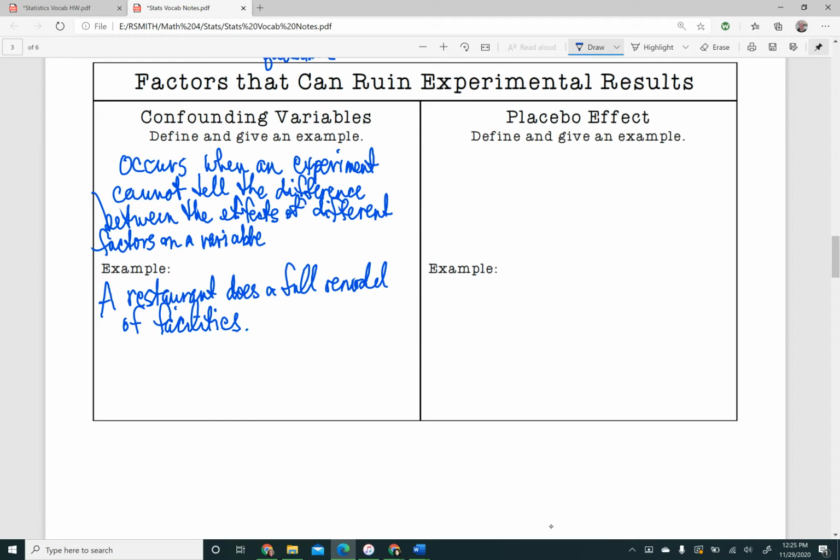There's major street construction that shuts down the roads to the restaurant.